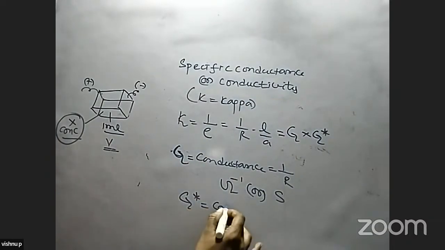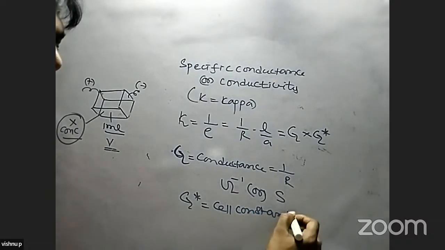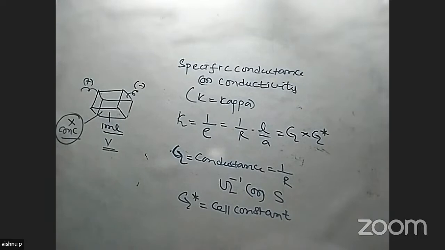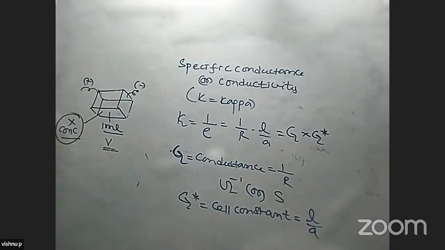The cell constant is fixed for any electrolytic cell, and we cannot find it theoretically by calculation. We can find it experimentally by indirect methods only. So G star is equal to L by A, where L is the distance between electrodes and A is the area of cross section.